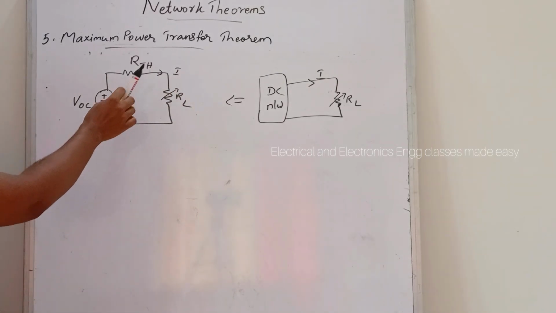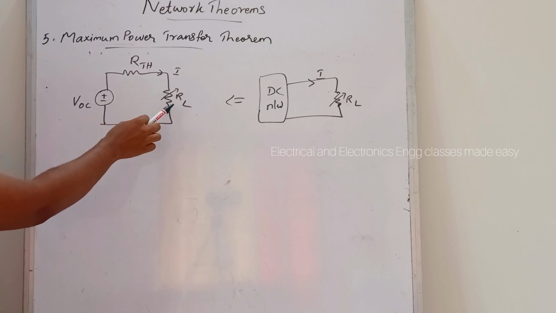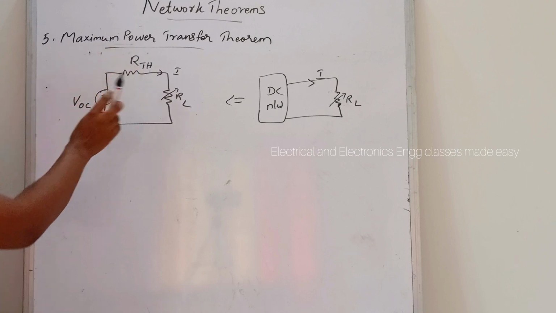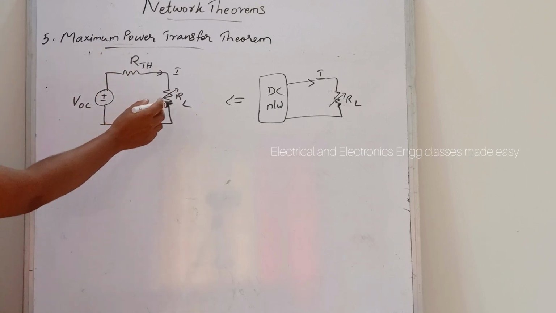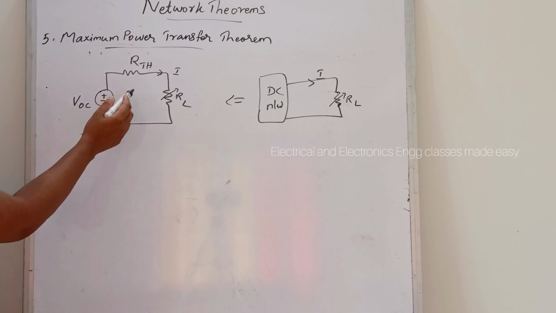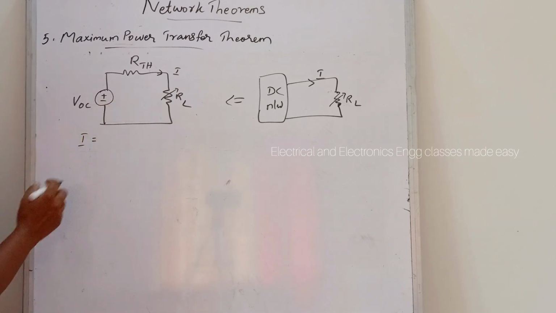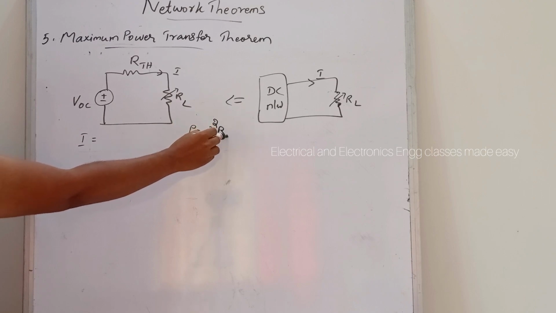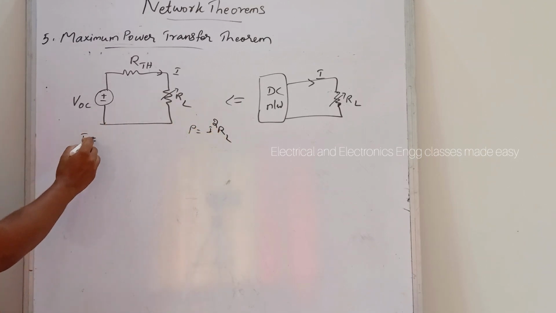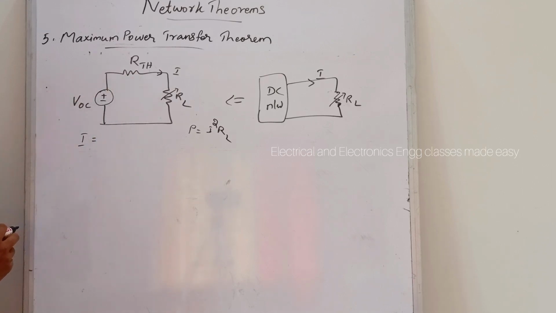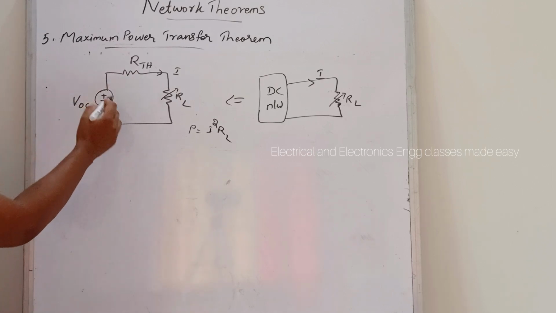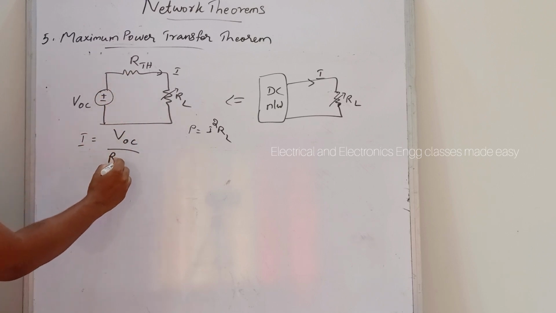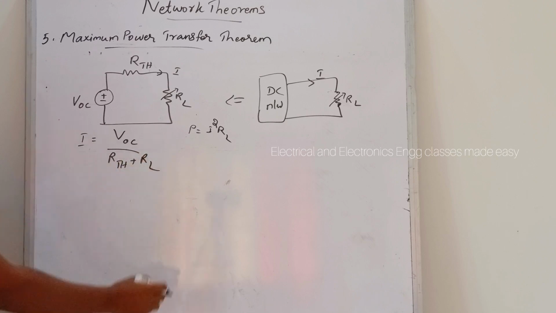To determine the value of RL for which it receives the maximum power from the DC source, we have to find the value of current I, because power is equal to I square into R. So first of all, find the value of current I, that is equal to VOC divided by the total resistance, that is RTH plus RL.